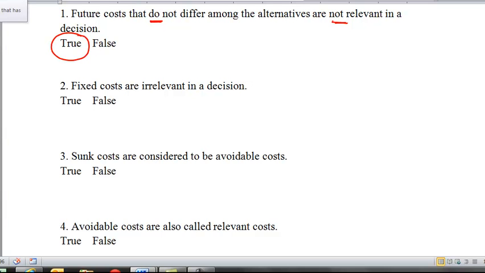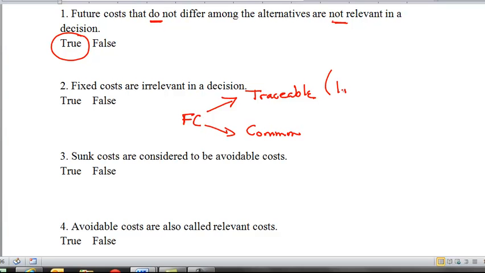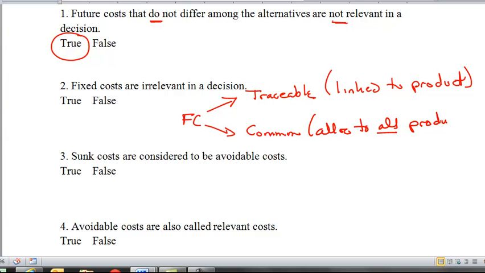2. Fixed costs are irrelevant in a decision. Well, when you think about fixed costs, this chapter shows you how you can further analyze fixed cost into what we call traceable or common. The traceable fixed cost is linked to the product or the department that you're thinking about dropping. Common costs are allocated to all the products using revenue.